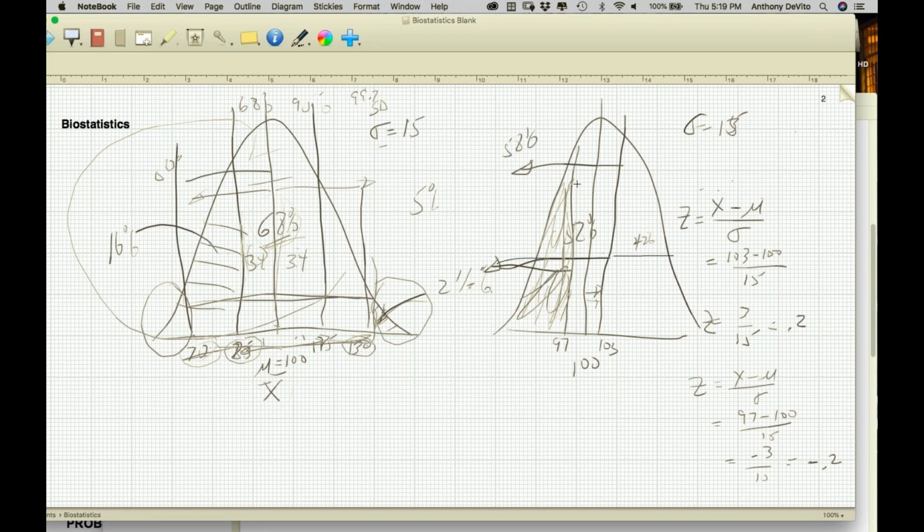So if I take my area, which is 58%, everything from here down, and I subtract the 42%, it'll leave me with the area that's between 97 and 103. 58 minus 42 is 16% of this population is going to have a PDI score between 97 and 103. Okay?